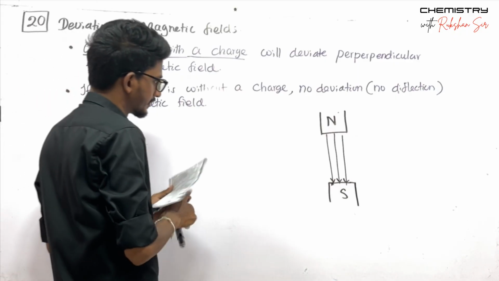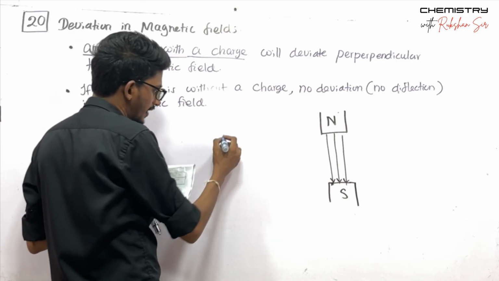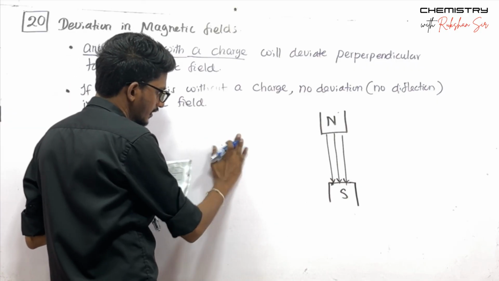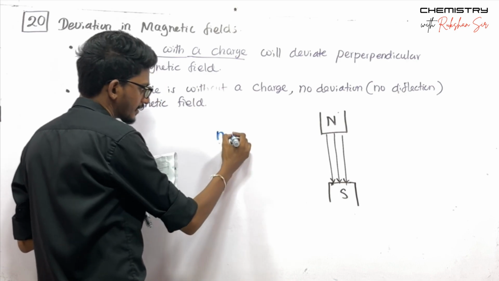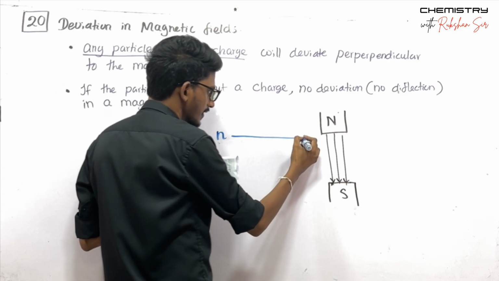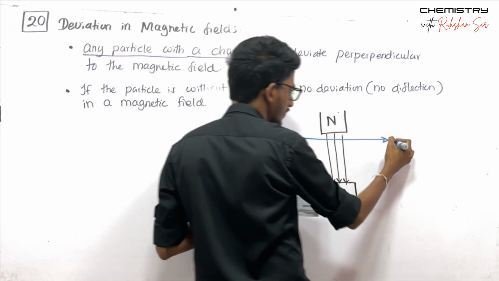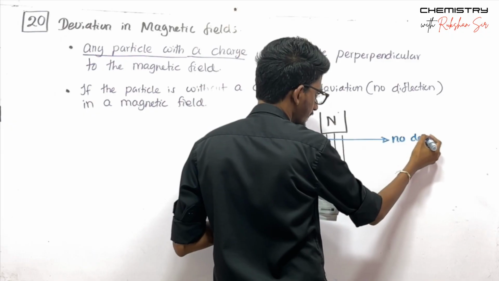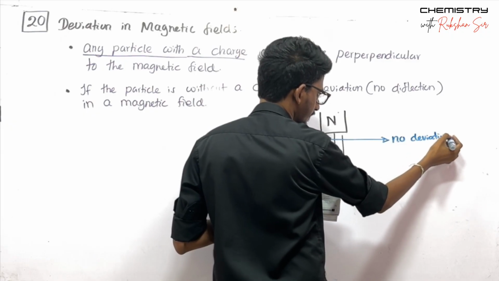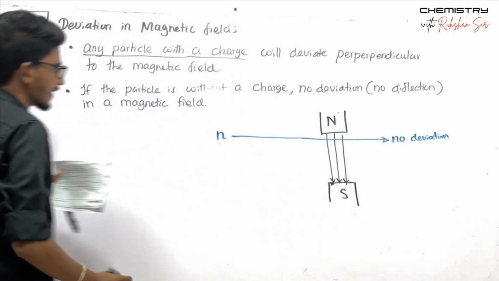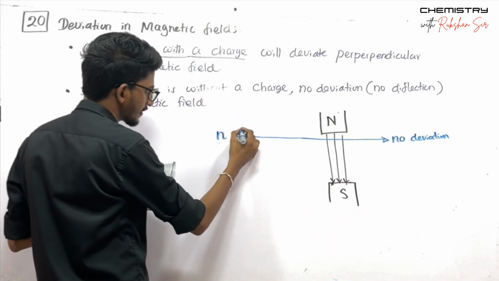Neutrons. Neutrons are chargeless particles. So they go through the field without a deviation, as neutrons are chargeless.